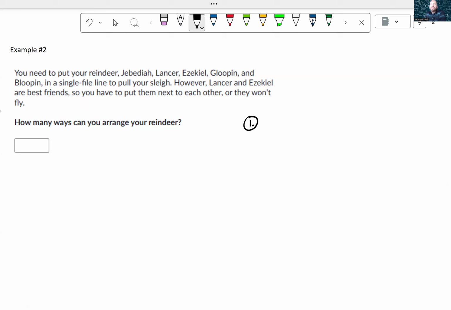All right, so we're going to arrange these 4 objects. There's 5 reindeer, but there's actually 4 objects because Lancer and Ezekiel, we're going to treat as one group by itself. So we're going to arrange these 4 objects 4 factorial ways. And that's 24 different arrangements.